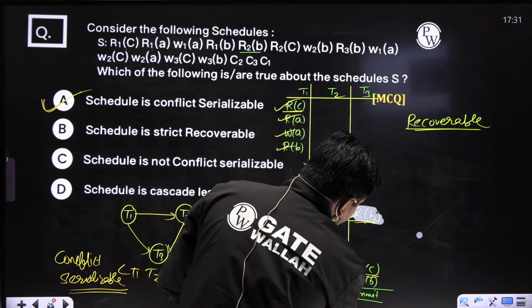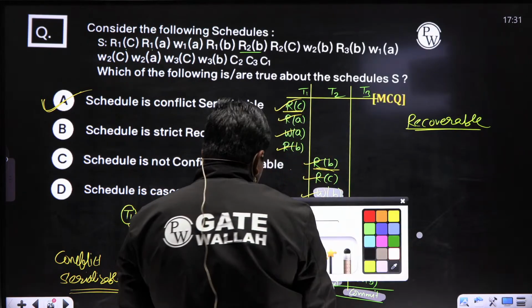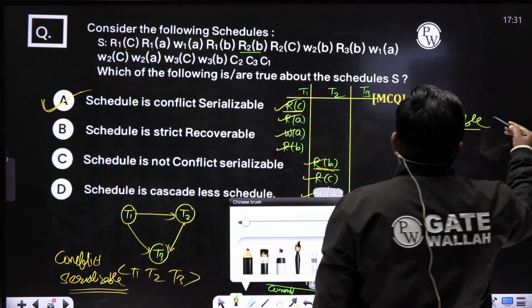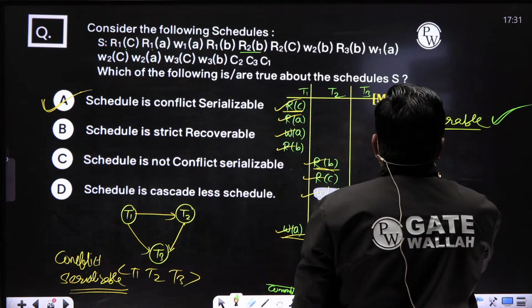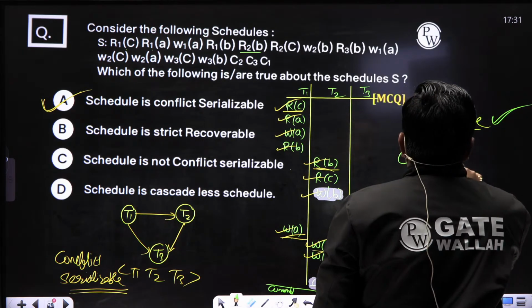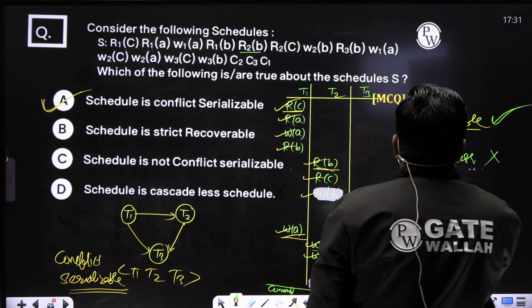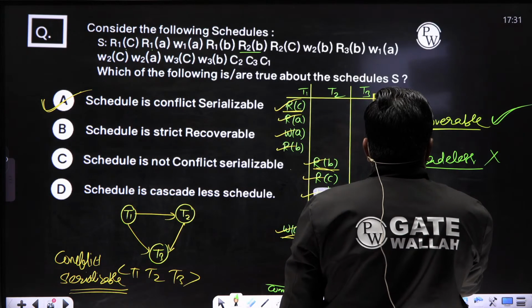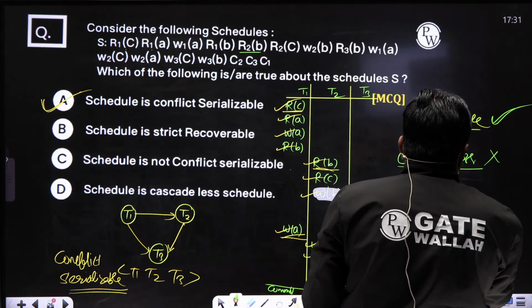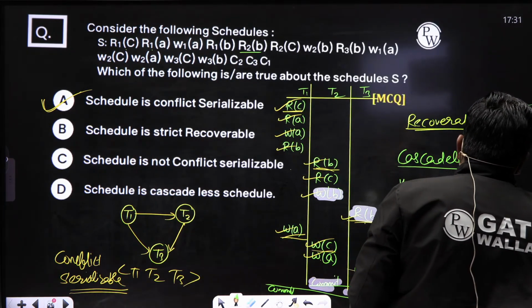Which commit appears before? This commit. T2 commit appears before T3. Yes, it is recoverable. Is it cascadeless? No, because here an uncommitted or dirty read is there.